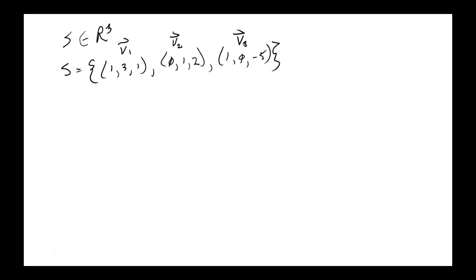It says here that V1 is a linear combination of V2 and V3.